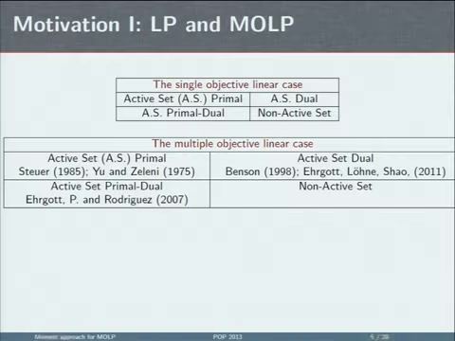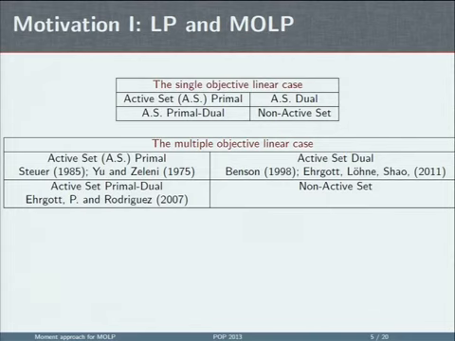More recently, Ehrgott, Löhne, and Shao have provided a different algorithm that is more efficient than Benson's. And concerning primal-dual, together with Matias and Antonio Rodriguez, we also developed a primal-dual algorithm for multi-objective optimization that is good for some particular classes of problems, essentially multi-objective network problems. And there was a question that was posed somehow.